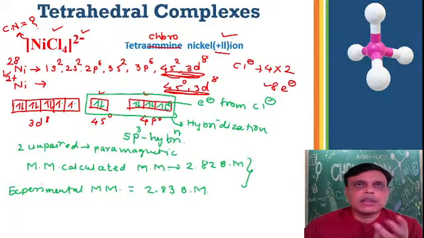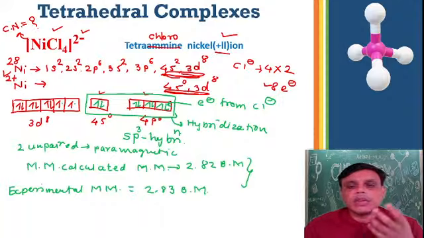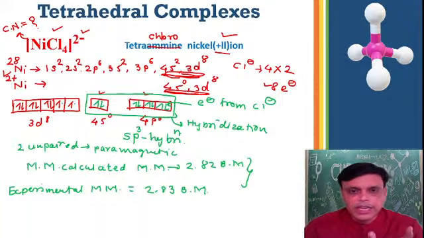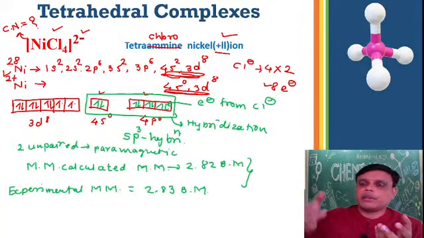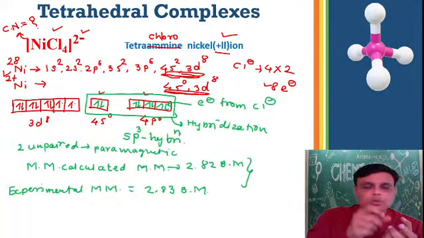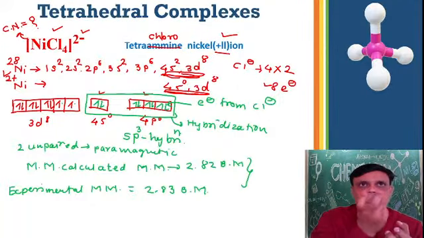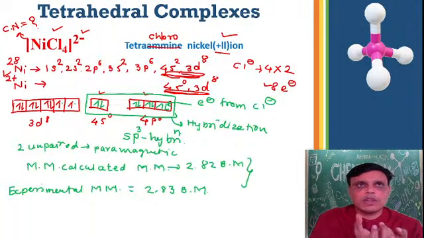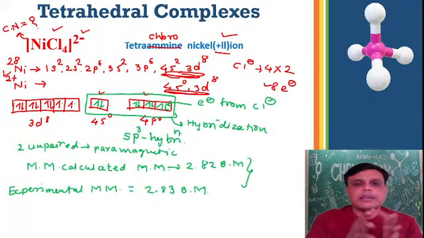One method is called Gouy's method, to calculate the magnetic moment. In that method, one balance is used, and one pan of that balance is attached to a sample holder, and that sample holder is kept in an external applied magnetic field.